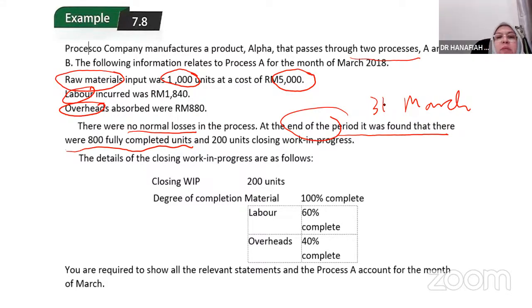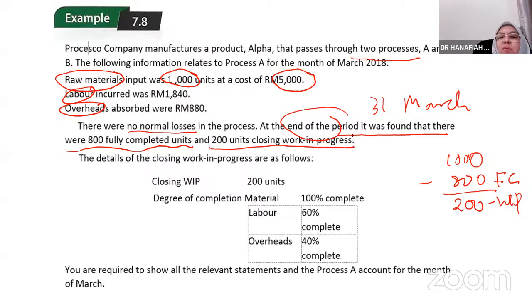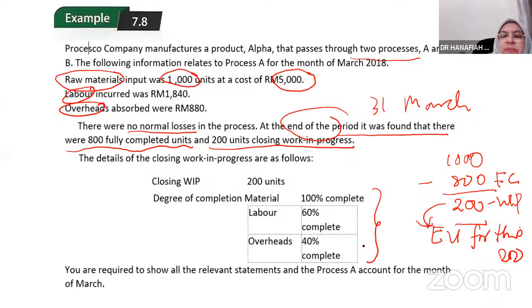So now we know that out of 1,000, only 800 is fully completed, and the remaining balance of 200 is work in progress. Therefore, you need to calculate the equivalent unit for this 200. And you have been given this information.